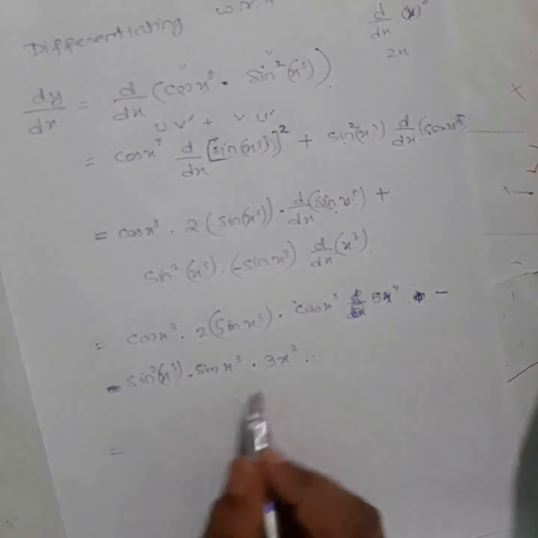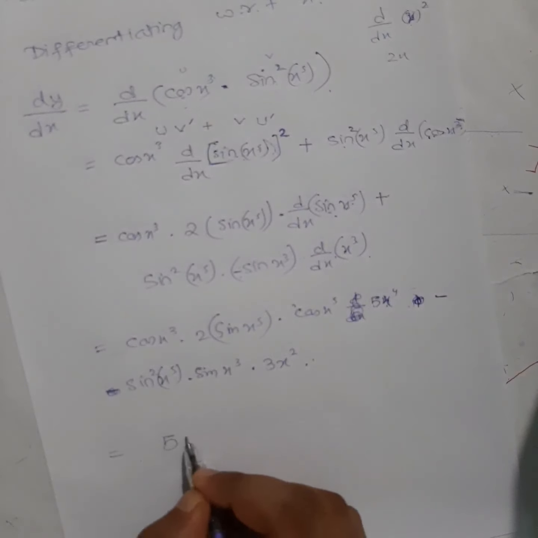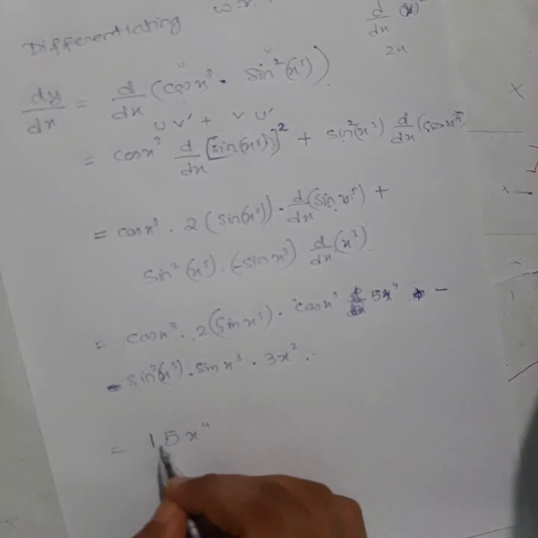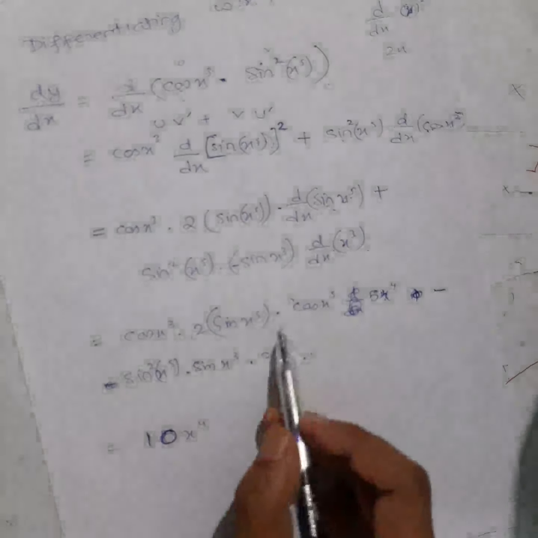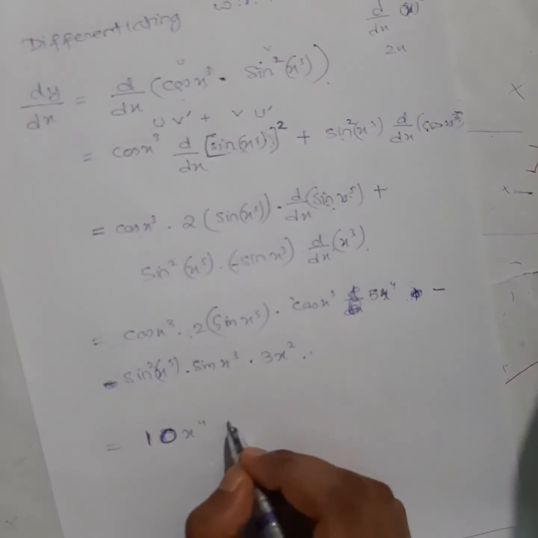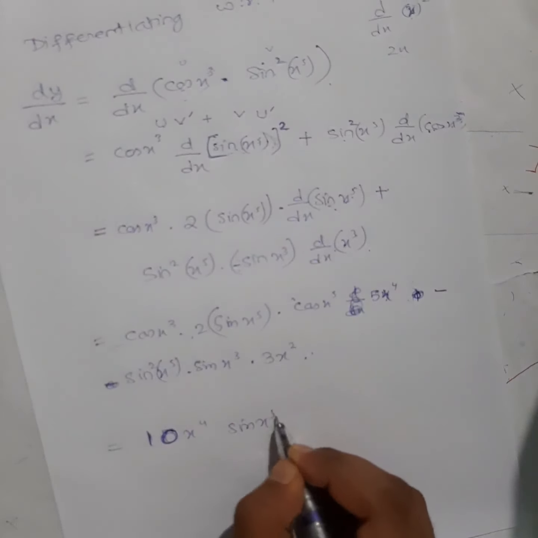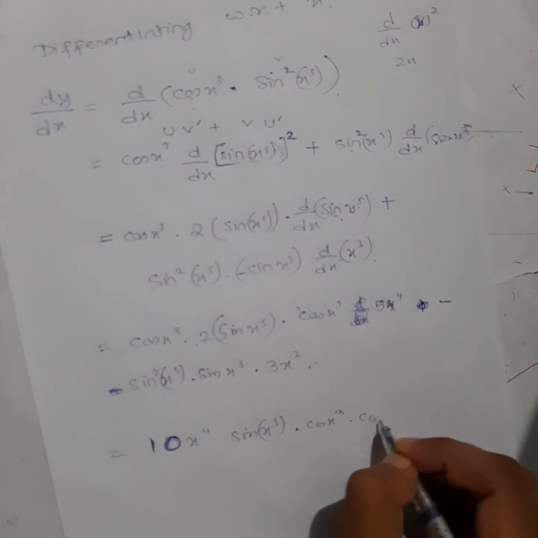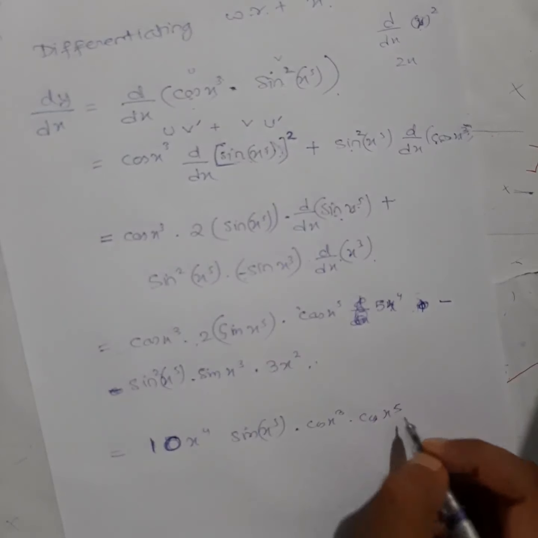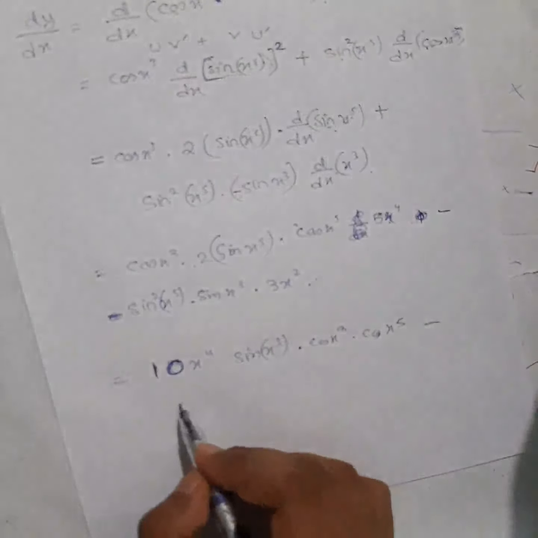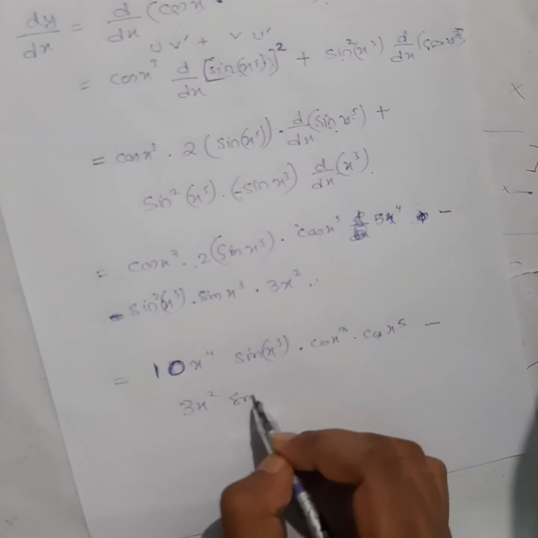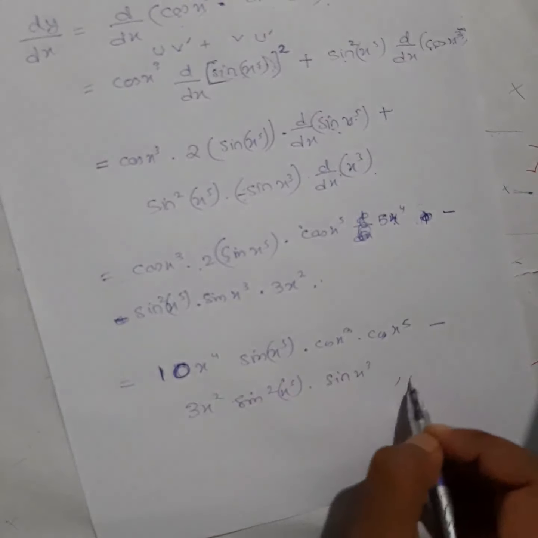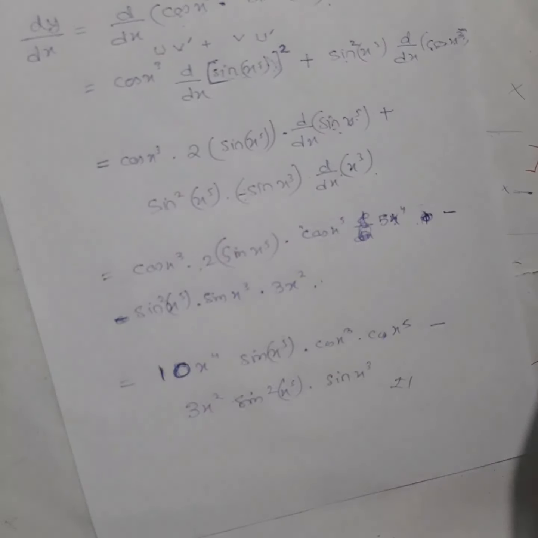So simply you can write, arrange this one properly and can leave it as it is. x to the power 4, 2 into 5, 10. 10x to the power 4, then sine x^5 dot cos x cube dot cos x to the power 5 minus, arrange this one also, 3x square sine square x to the power 5 dot sine x cube. So that will be your answer. If you can't simplify anymore, just leave it as it is.